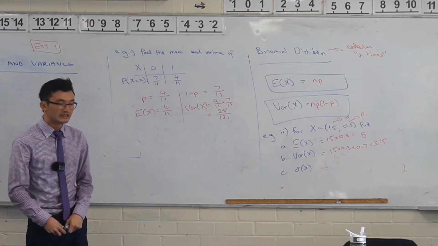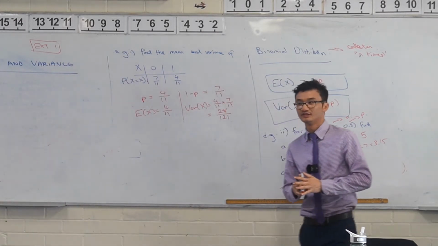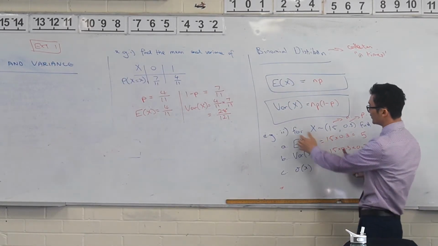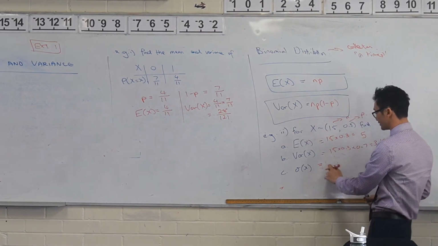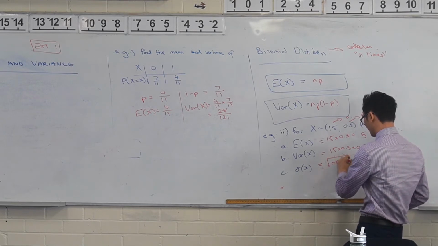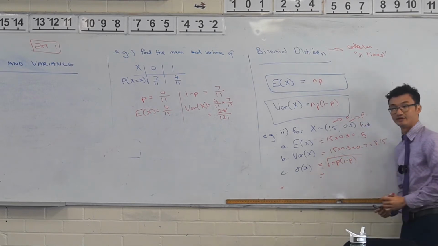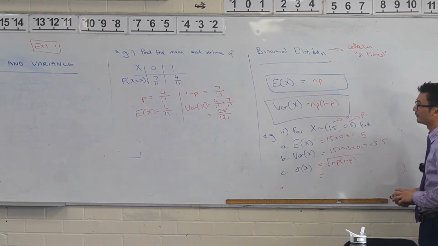Standard deviation, right. And the standard deviation, if you remember, is the square root of the variance. So it's not a given formula, but it can be derived, because you could basically say it's just the square root of np(1 minus p), or just the square root of that value that you found there. So just be aware that that's something they could ask you in a question like that, right?